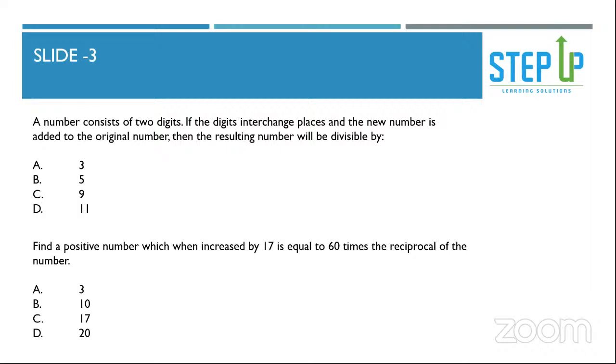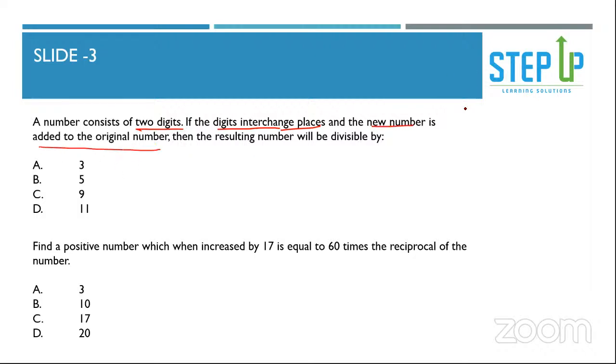Take any number. Because here they are not saying you can take any number. A number consists of 2 digits. Any 2 digit number you take from your wish. If the digits interchange places and the new number is added to the original number.